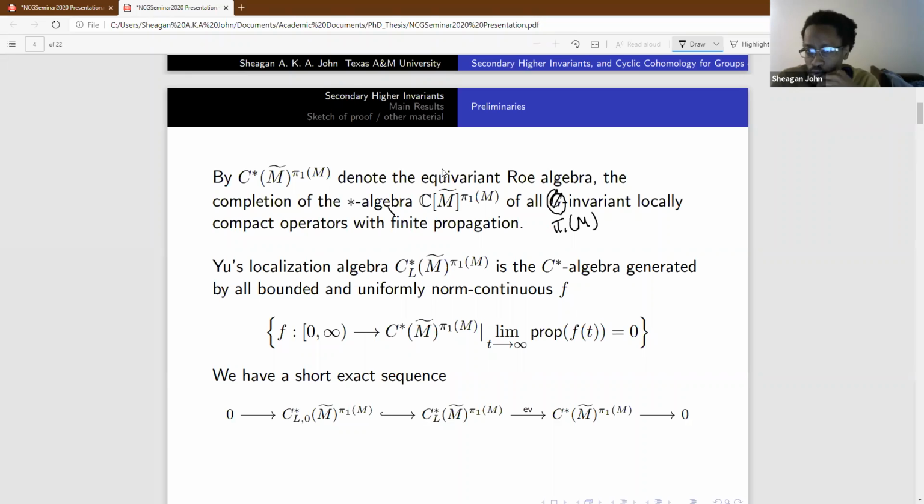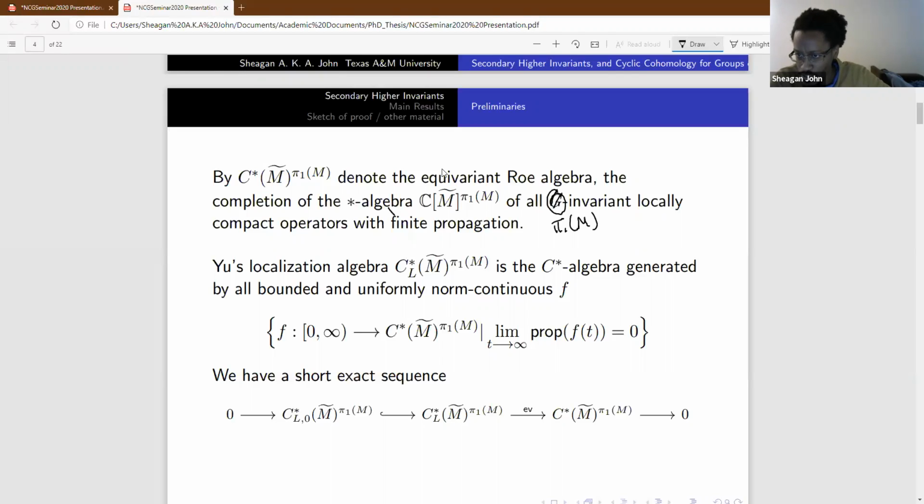So that's our Roe algebra, and Dr. Yu invented this localization algebra, which is defined as follows. We consider all our bounded and uniformly continuous maps from the half line to our equivariant Roe algebra.